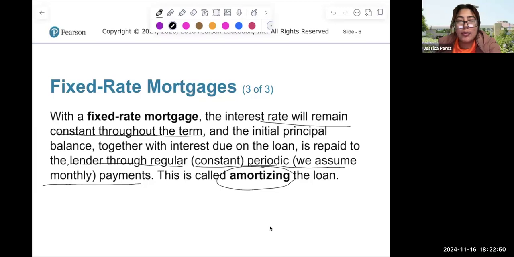So the initial principal plus the interest is paid to the lender in monthly payments.